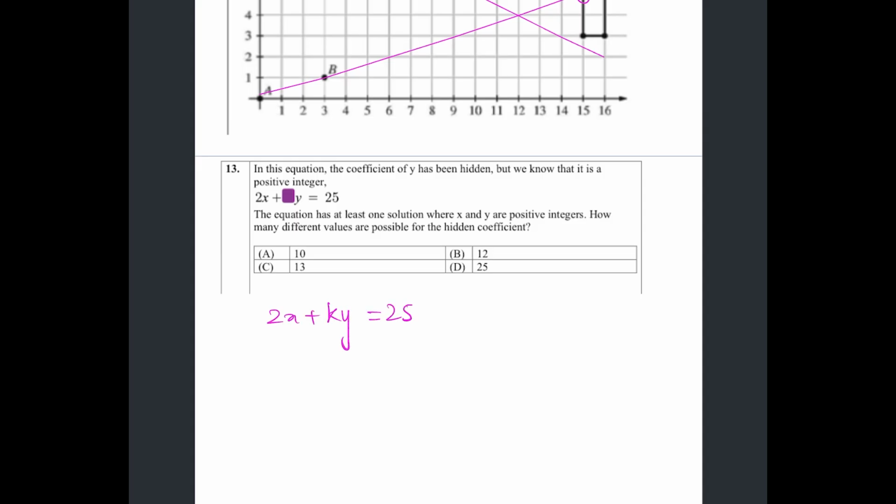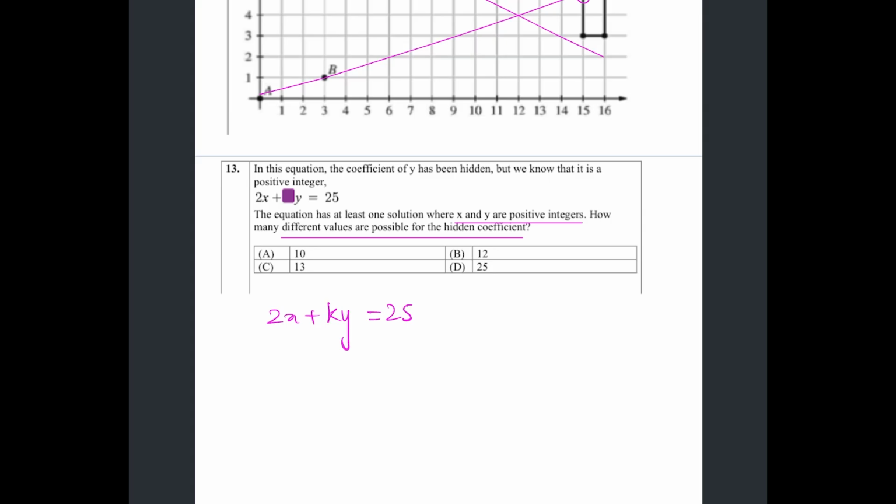Now we're being told the equation has at least one solution where both x and y are positive integers. How many different values for the hidden coefficient, that is k, are possible?